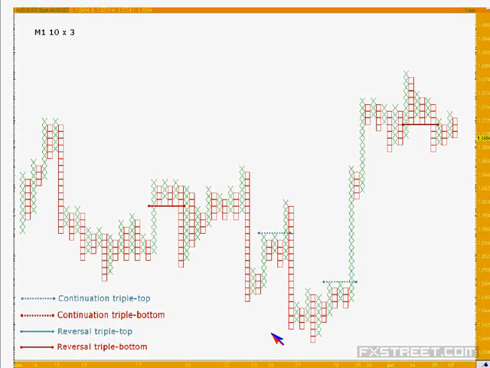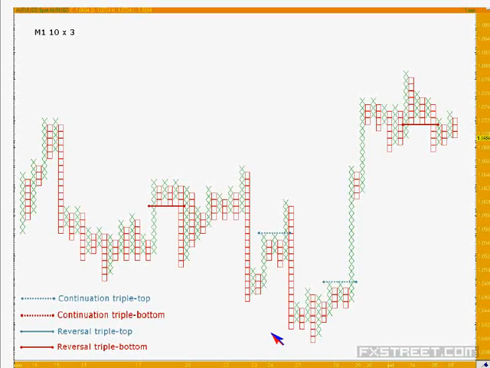I can reduce the period of data which I'm taking. I can reduce the box size, or I can reduce the reversal amount. Since we cannot reduce the reversal amount here because we are looking for three box reversal charts, I can only reduce the two other ones.